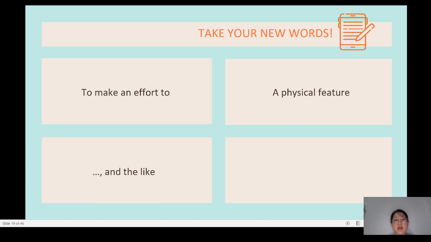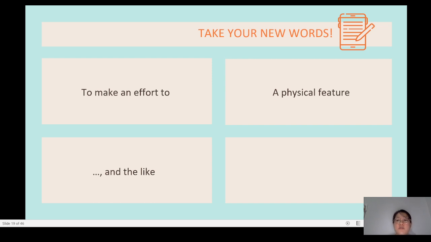To make an effort to has the same meaning as the previous word. A physical feature has the opposite meaning to the word a mental feature.